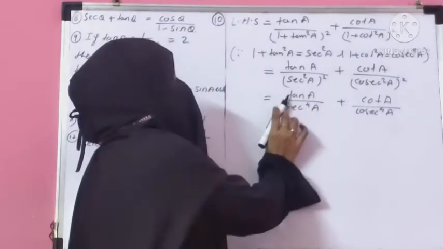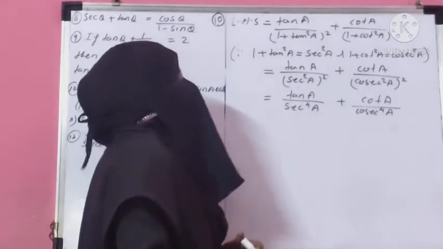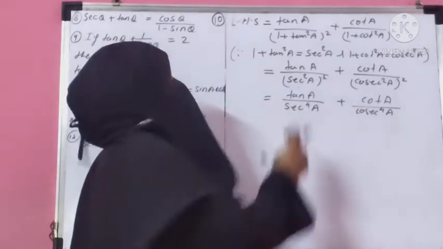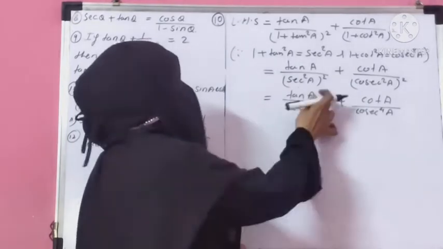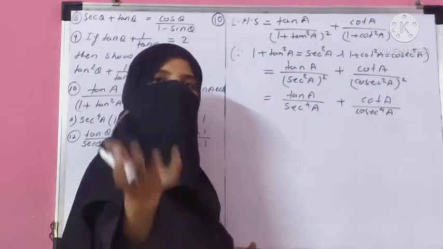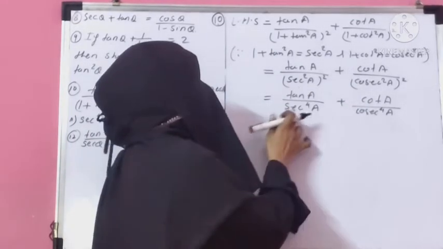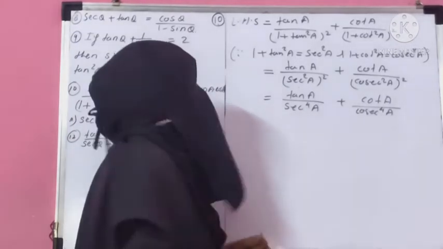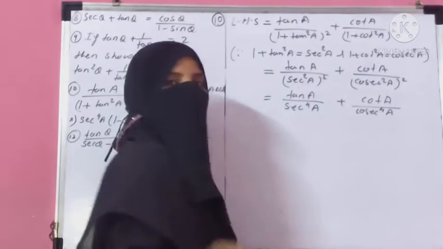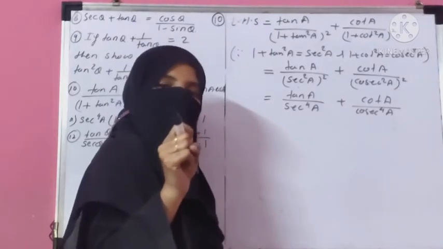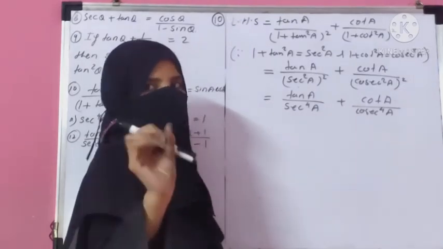Now next is tan A. You know that tan theta is nothing but sine upon cos, so tan A is sine upon cos. And 1 upon sec A is the inverse of cos, so 1 upon sec raised to 4A is cos raised to 4A. And 1 upon cosec raised to 4A is sine raised to 4A.